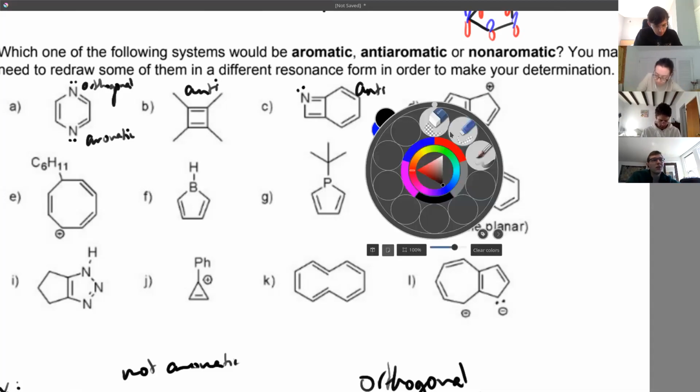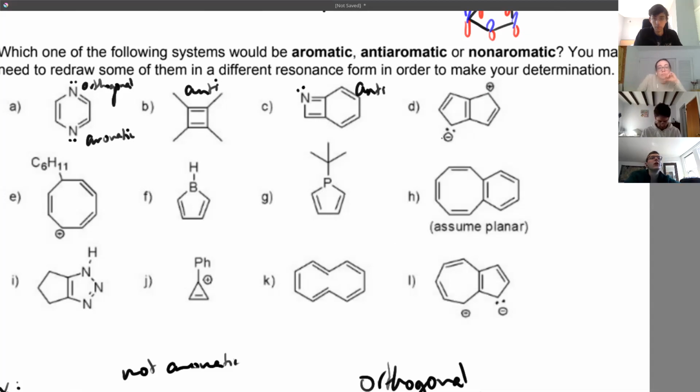If you want to be fancy, and it's cool to be fancy, you can move this here, move this double bond up here, move this double bond down here, and push this one over here, and draw the resonance structure. And what you'll get is totally conjugated. Yeah, exactly. Also, this thing is super duper planar. You can't get it to not be planar.